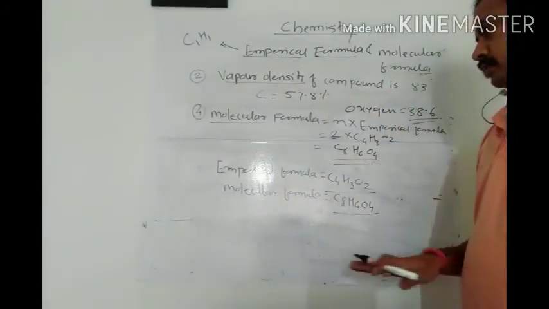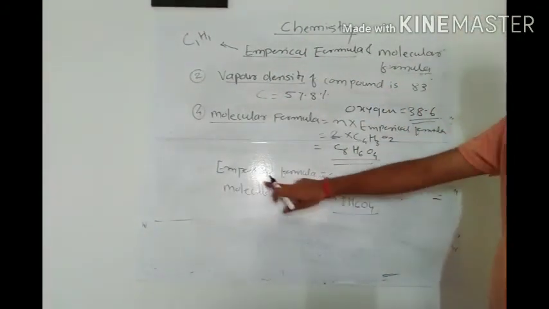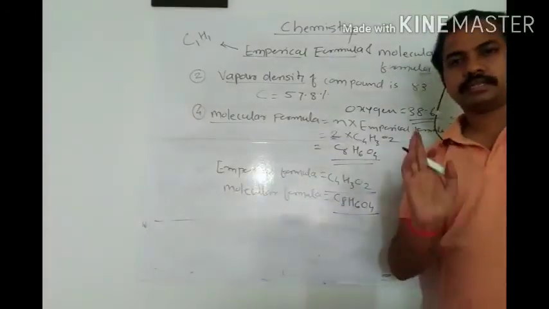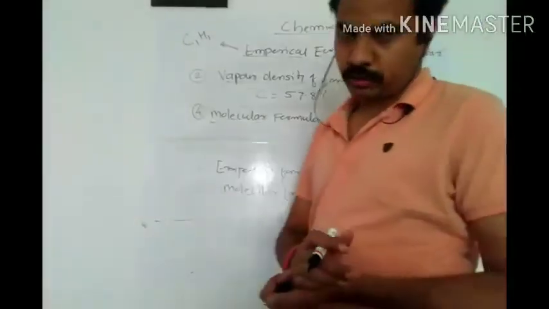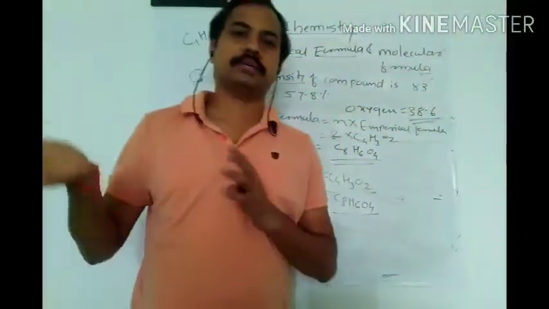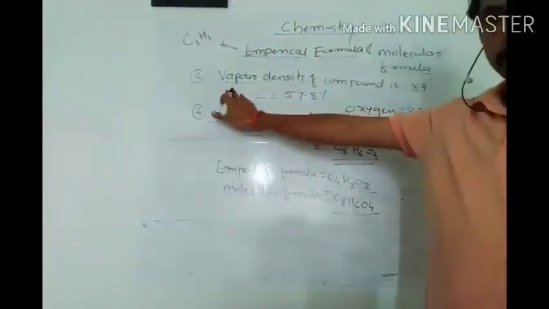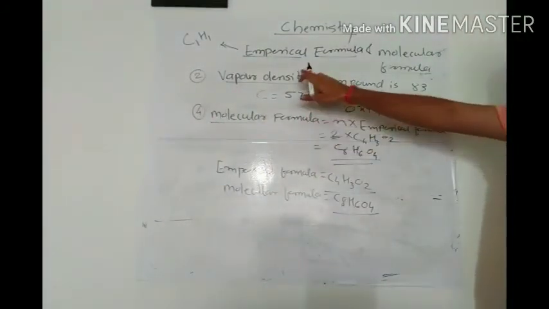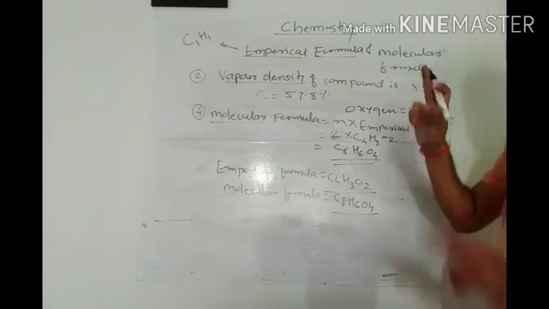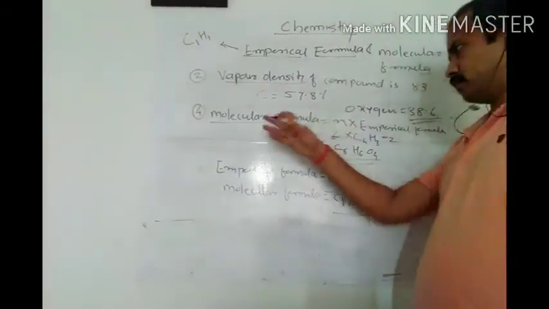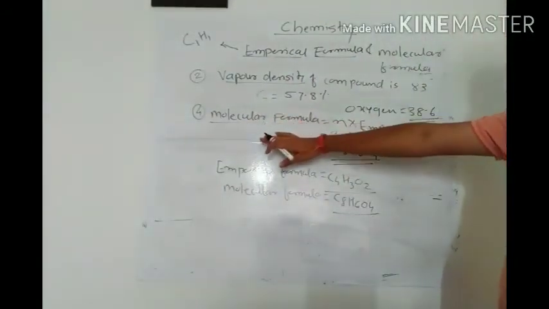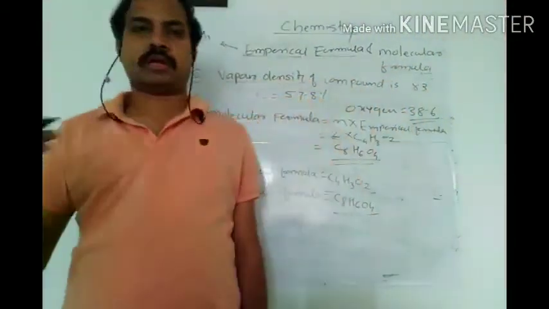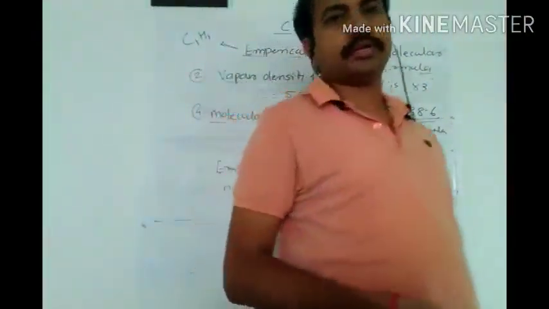So here again I will repeat shortly. Once you get the empirical formula, first you have to calculate the empirical formula mass, then you have to calculate the molecular mass, either it is given or it is given in terms of vapor density, like this problem. When it is given in terms of vapor density, you have to multiply the vapor density by the constant 2. You will get the molecular mass, and then you can calculate the value of n, that is molecular mass divided by empirical formula mass.